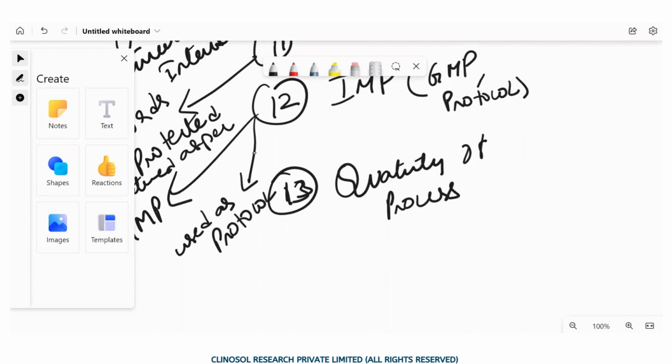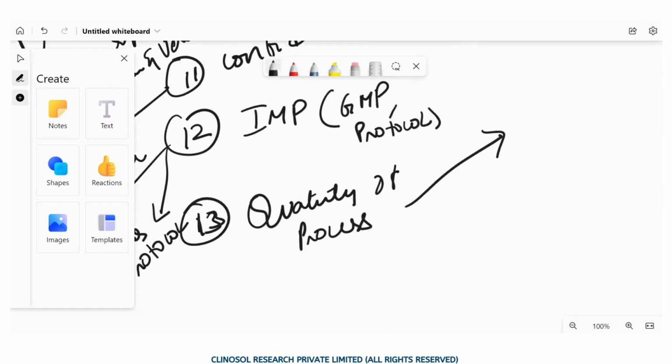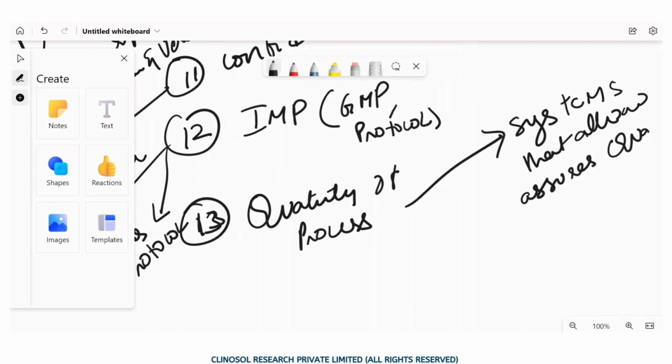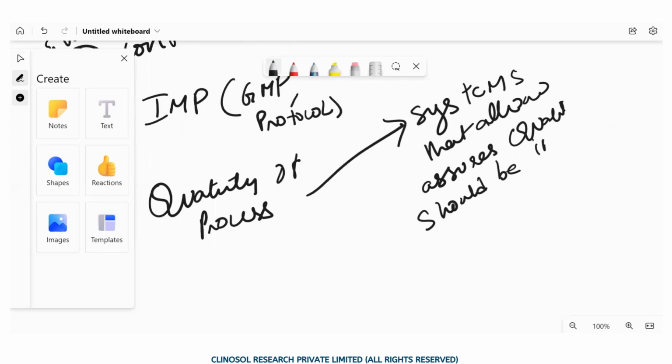Systems that assure quality should be implemented at every step. So quality processes should be implemented at every level of the processes.